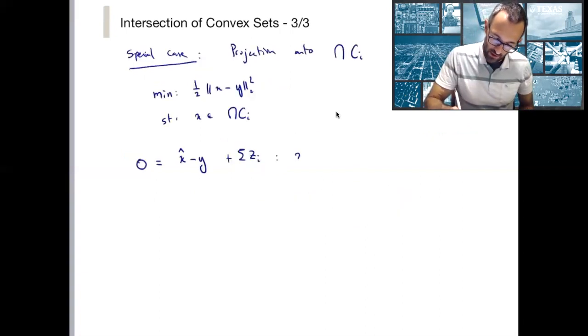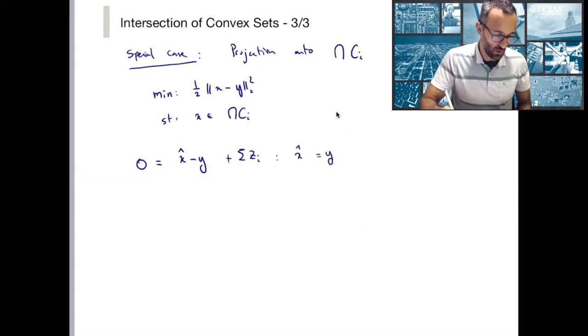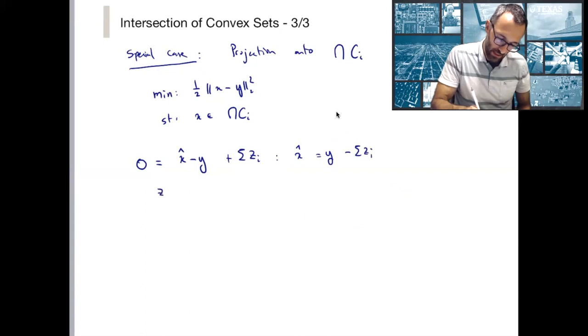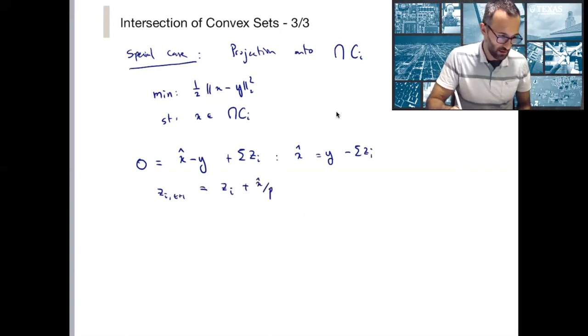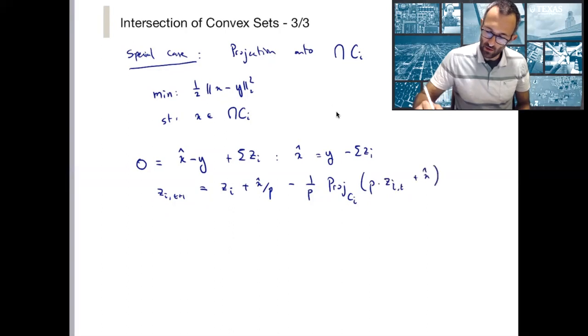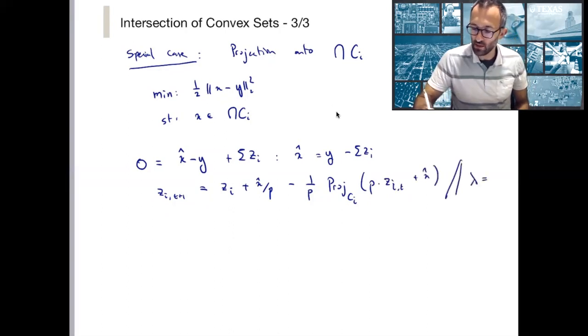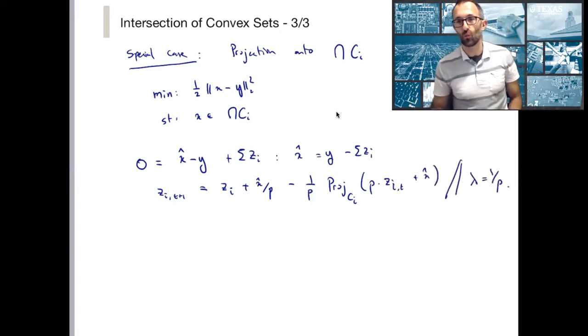So in other words, x hat is equal to y minus the sum of zi's, and zi at t plus 1 is equal to zi plus x hat over p minus 1 over p times the projection onto ci of p times zit plus x hat. What did I do? I took step size equal to 1 over p.